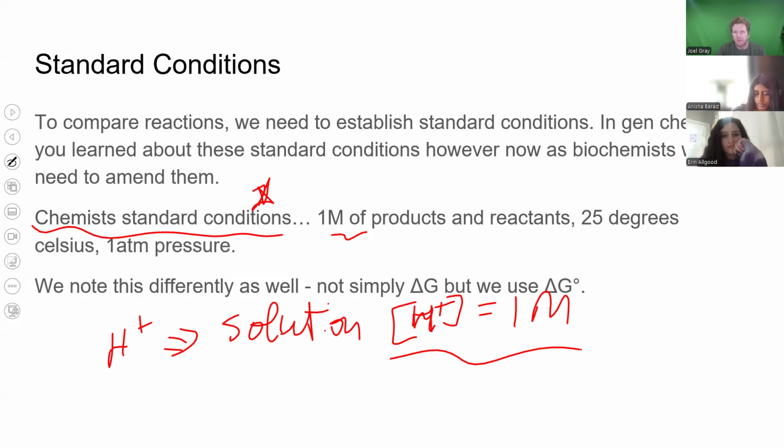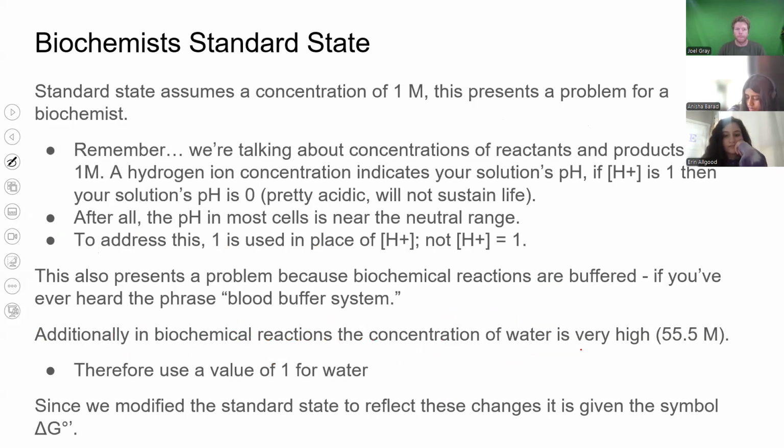Does that make sense? Because in any biological system, you're never going to have a pH of 0. So a chemist's standard state is a little bit different from a biochemist's standard state, and we have to modify those.